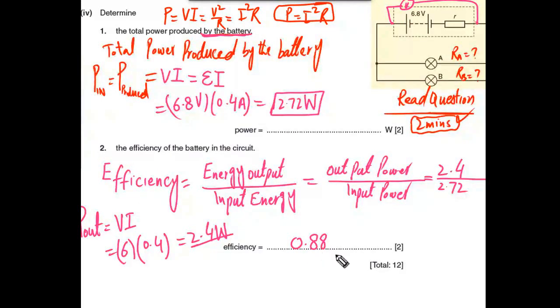Or if you want to write it as a percentage, the percentage efficiency will be equal to 88%. So it means 88% of the energy is actually used in the circuit, but 12% is just wasted inside the battery. So this is how we can answer.